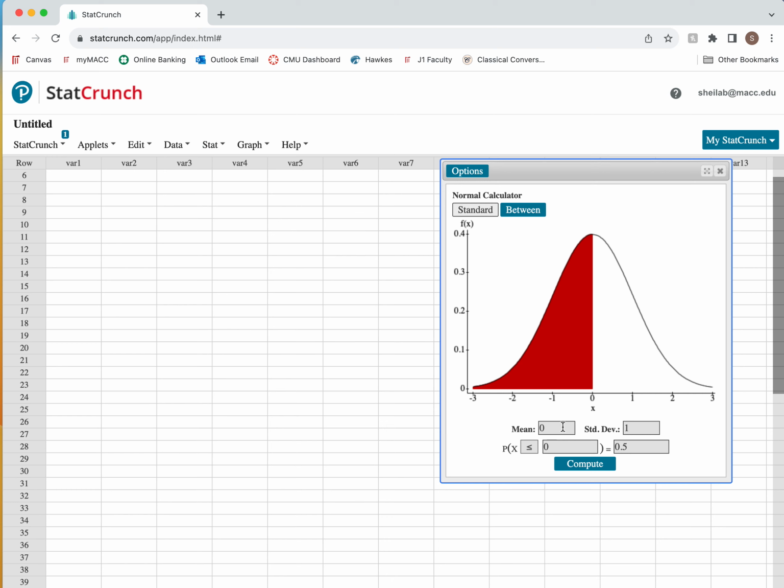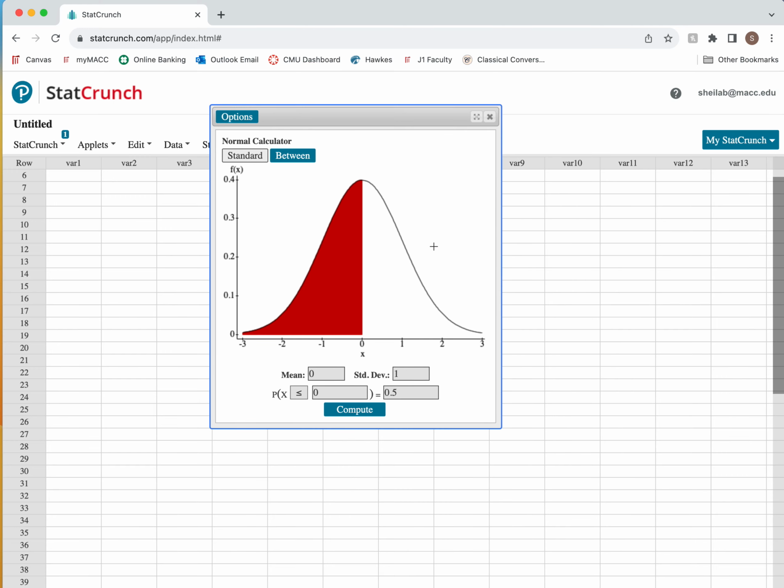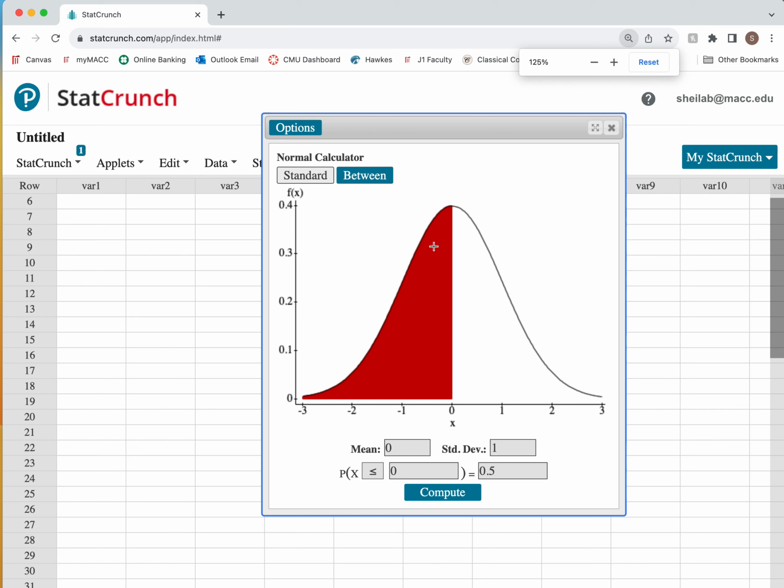If my mean is 0 and my standard deviation is 1, that is what makes this normally distributed. This is the chart that we have.